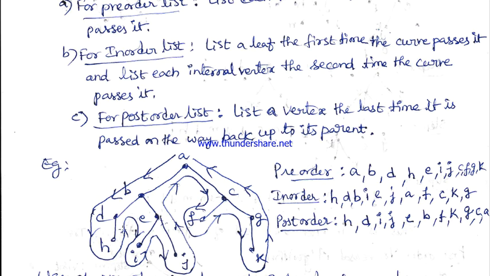Next in the order we have D, because it cannot be again passed by the curve. Next comes in the order the vertex I. Vertex E is not included here.